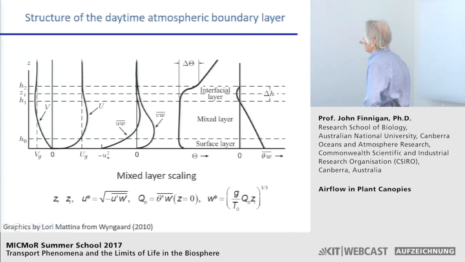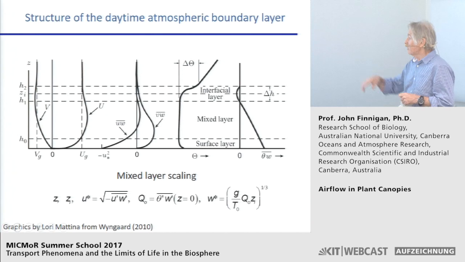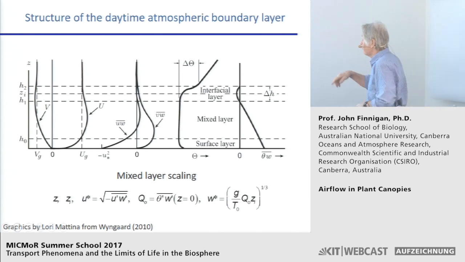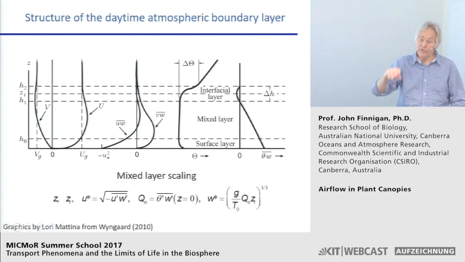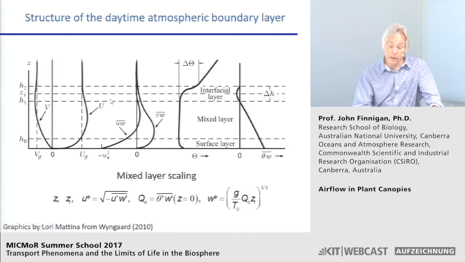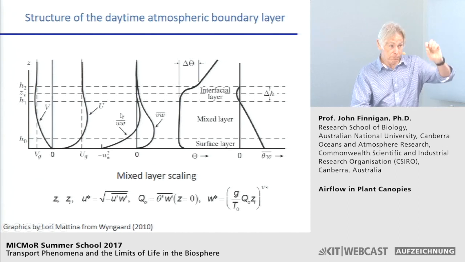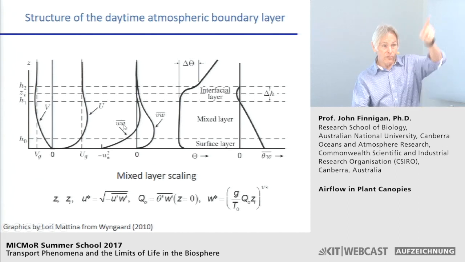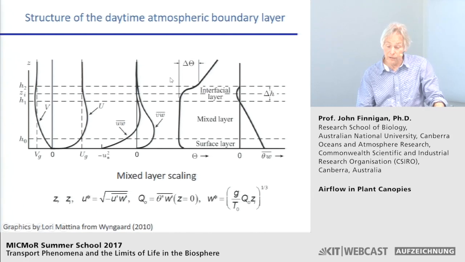So the daytime atmospheric boundary layer, I showed you a couple of pictures. The interfacial layer is 20% or so. In reality, the interface between the turbulent region here and the troposphere here is that thick, but in fact it's going up and down all the time, so we have this interfacial layer.